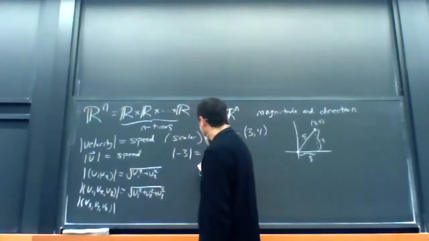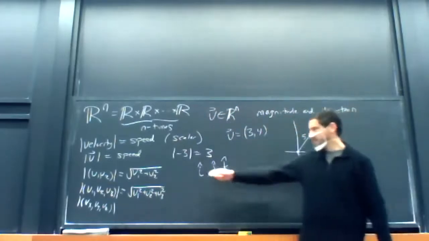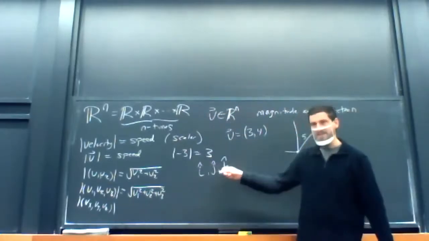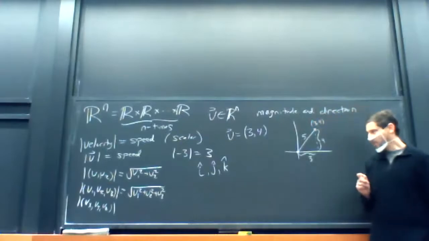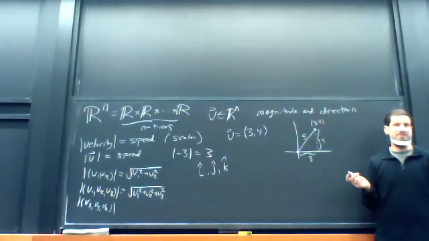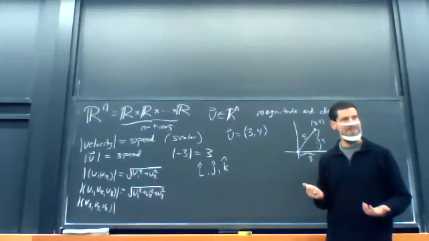We often use i hat, j hat, and k hat to represent unit vectors in the x-axis, y-axis, z-axis. If we wanted to go to 4 dimensions, what would come next? L. I hate L. Why do I hate L?